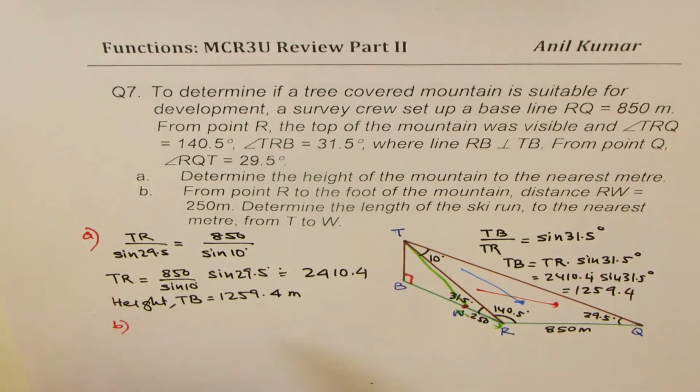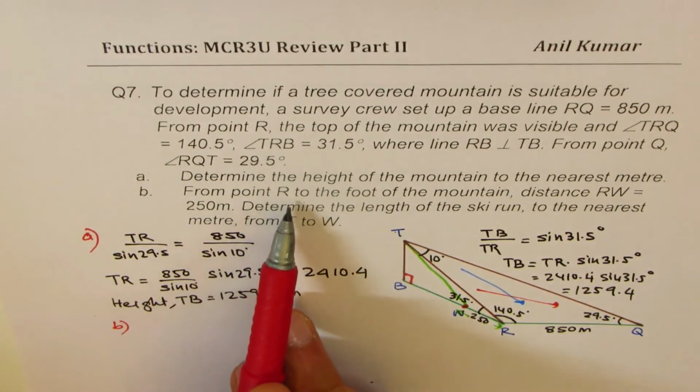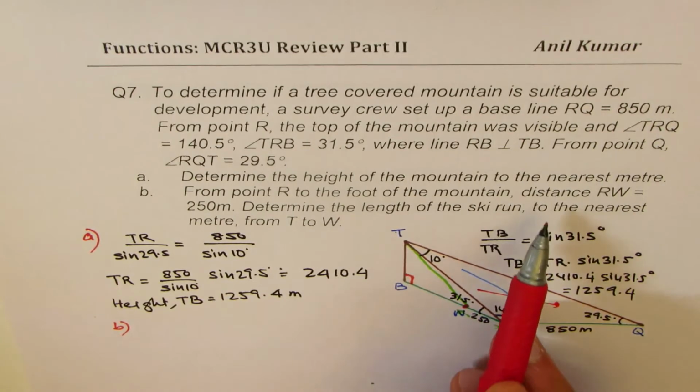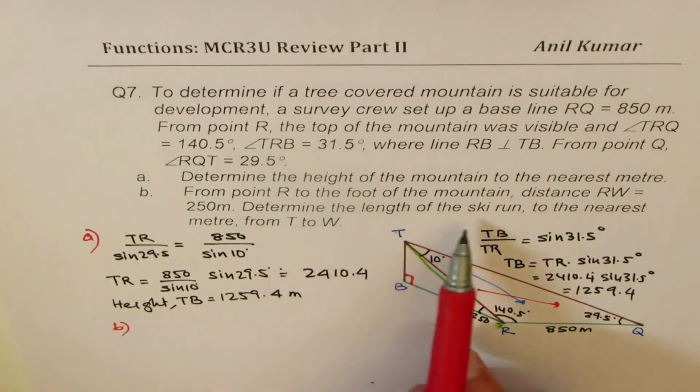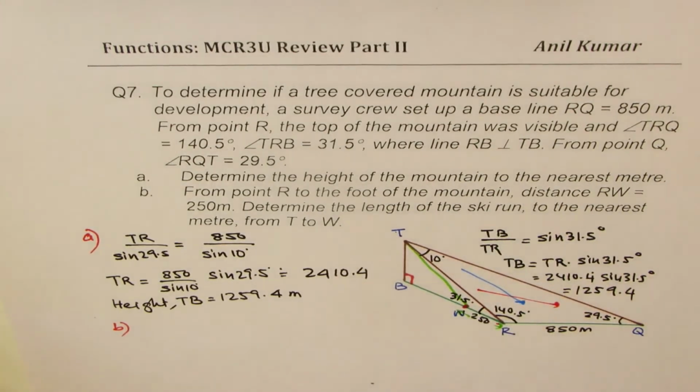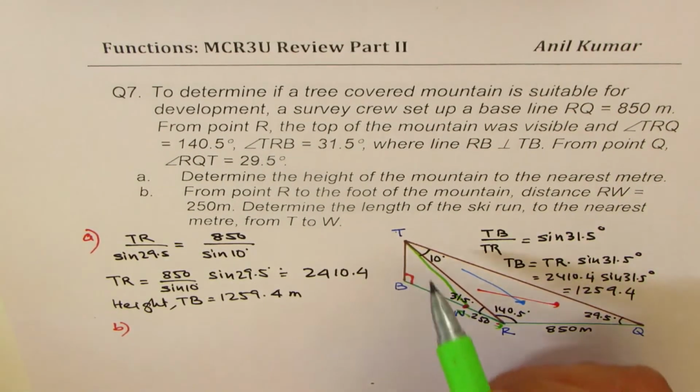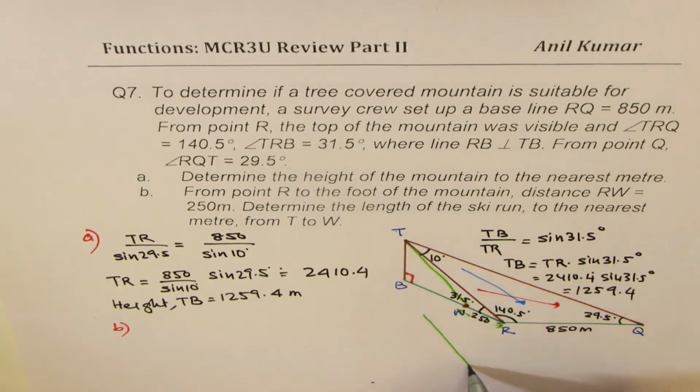Part B. From point R to the foot of the mountain, distance RW equals 250 meters. Determine the length of the ski run. So now we are actually looking into this small triangle. Let me redraw this. Let's use a different ink.